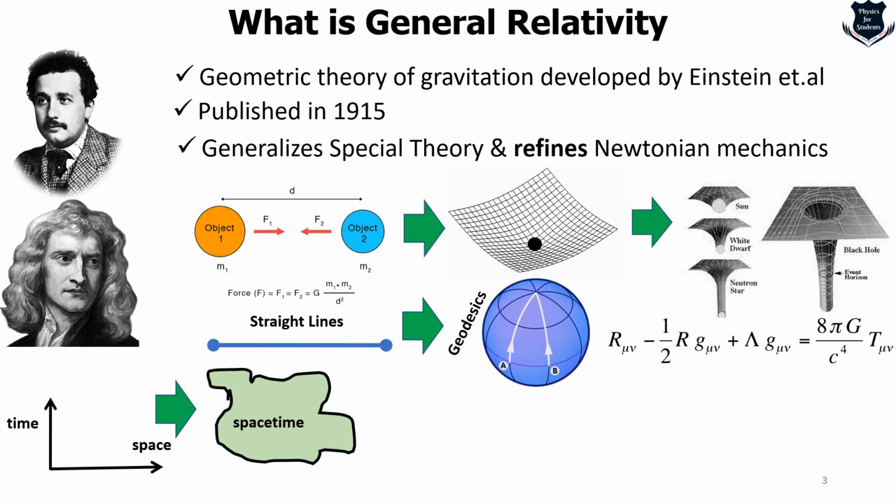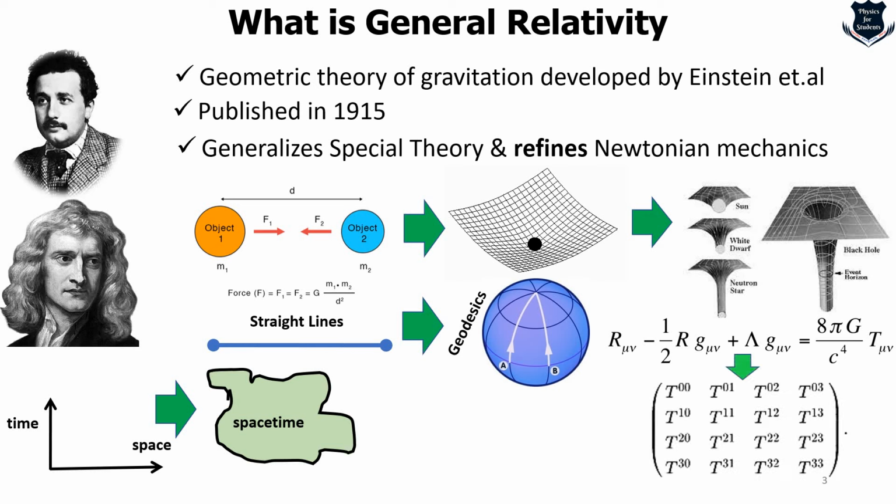Einstein's field equations are a system of second-order partial differential equations, and involve what is called the stress-energy-momentum tensor, and various other mathematical notions which we are going to explore.